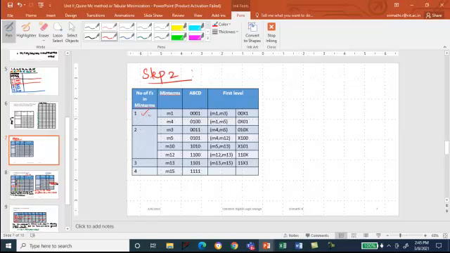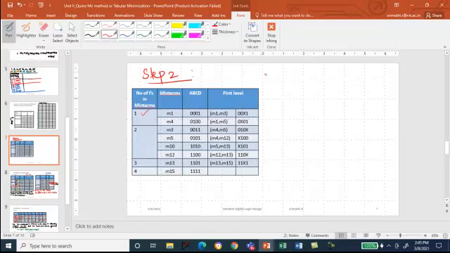Meaning the first row can be clubbed with the second row, the second row with the third row, and the third row with the fourth row. Only this sort of minimization is possible. Like 1 cannot be clubbed with 3 directly. A direct jump is not possible.